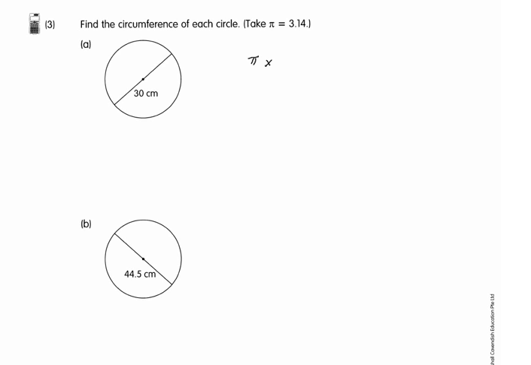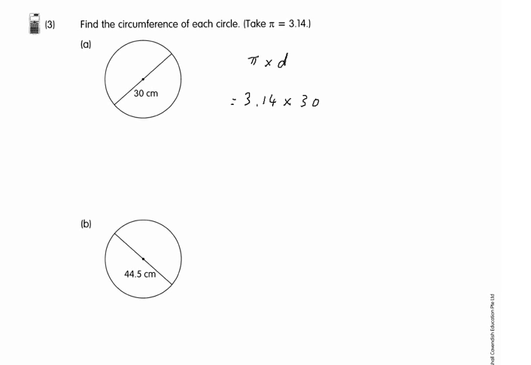Diameter? Okay. So pi times diameter. So Leroy, pi use what? 3.14. Okay. Multiply your diameter is 30.